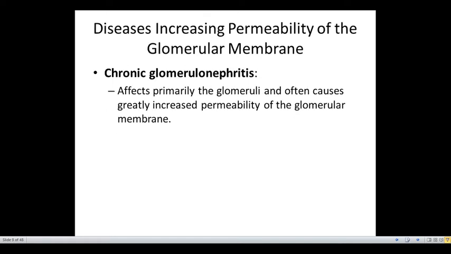Now let's study some of the diseases increasing permeability of the glomerular membrane. And the number one disease is chronic glomerular nephritis. This affects primarily the glomeruli and often causes greatly increased permeability of the glomerular membrane.